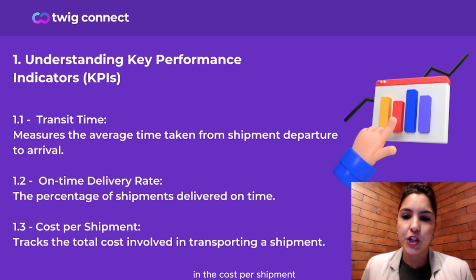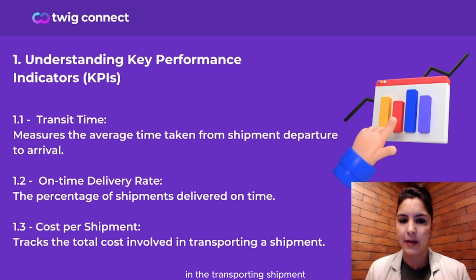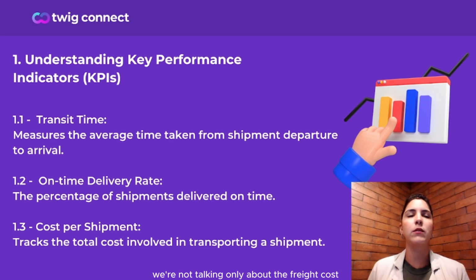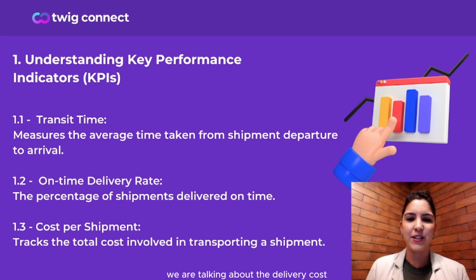And the cost per shipment, which tracks the total cost involved in transporting a shipment. So we're talking here about the warehouse costs. We're not talking only about the freight costs. We are talking about the pickup cost. We are talking about the delivery cost.